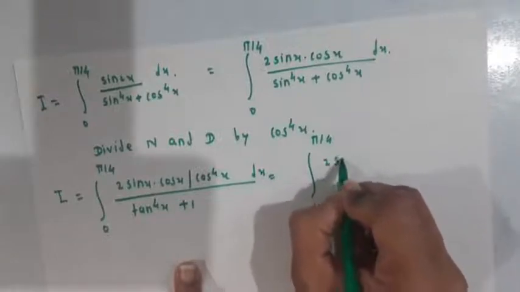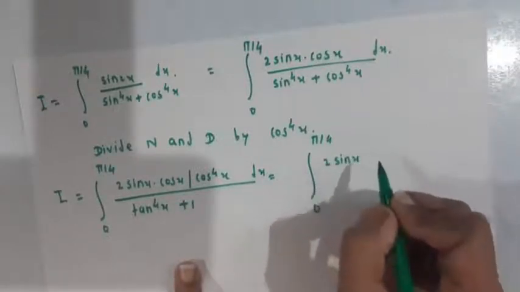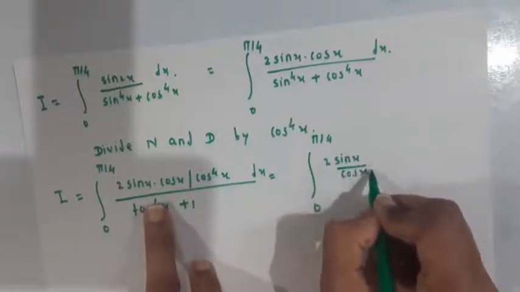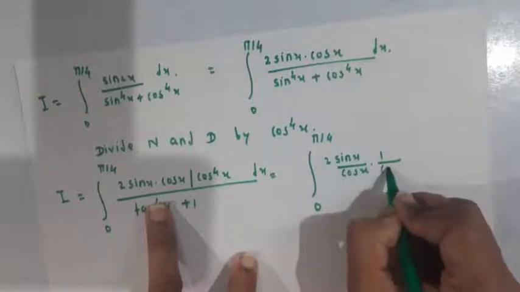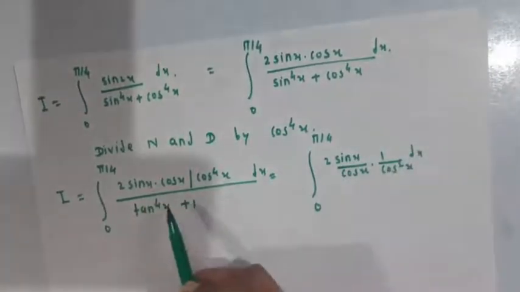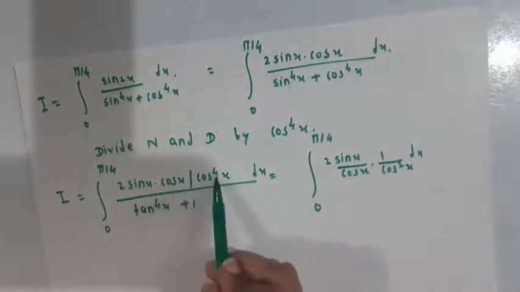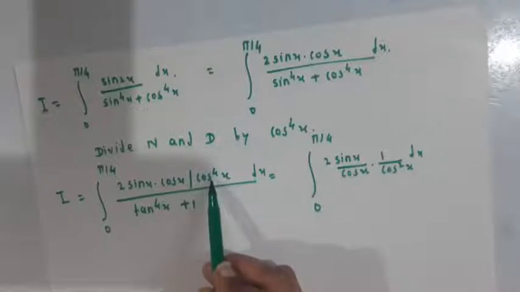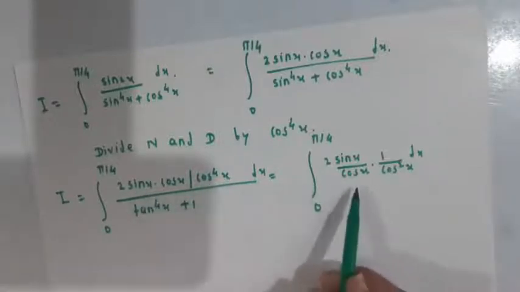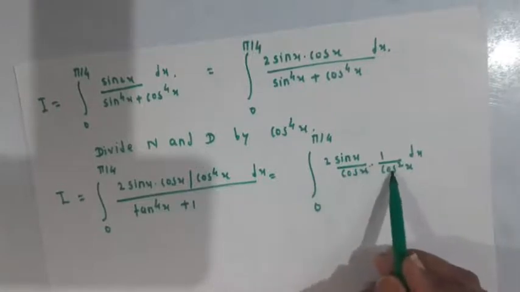This becomes 2 sin x upon cos x into 1 upon cos^2 x with respect to x, because here one cos x gets cancelled, and in the denominator of the numerator there will be cos^3 x, and one cos we use for sin x upon cos x, and the other remaining two like this.